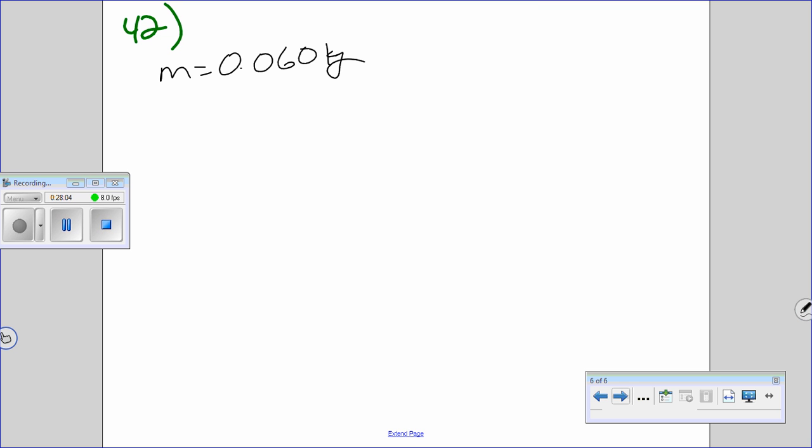And we know that it is going to oscillate following simple harmonic motion at a rate of 0.08 times the cosine of 4.43 t plus 5. Cool. And we need to find the pendulum's length, and we need to find the maximum kinetic energy.